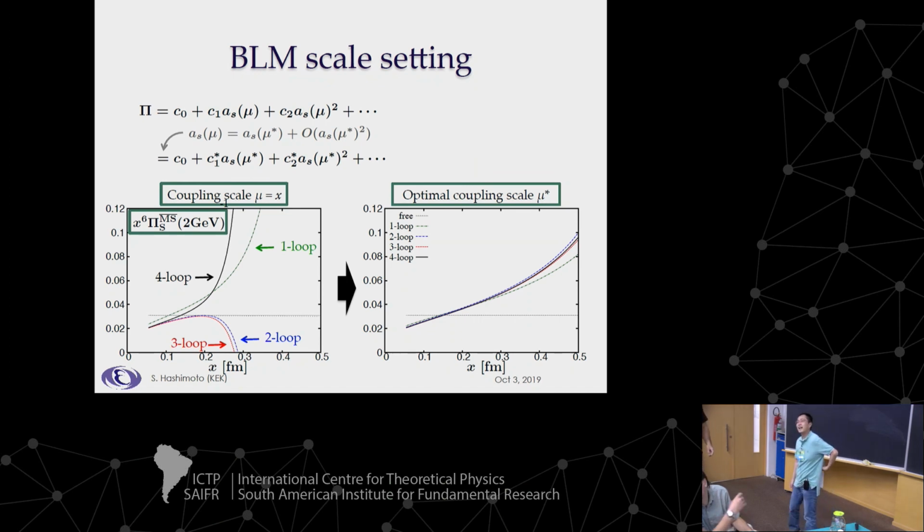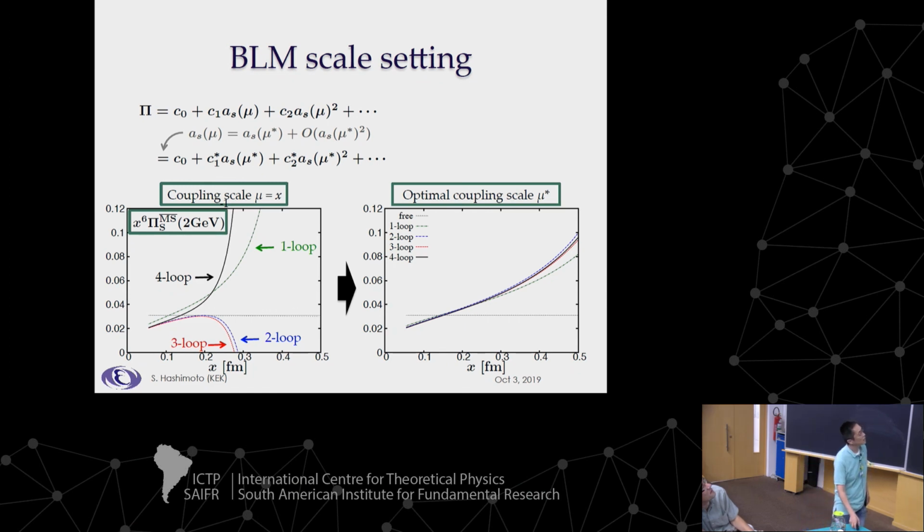Well, since we are here, what alpha do you take? This 0.5 Fermi is 400 MeV, and 1 Fermi is 200 MeV. So now I understand that you are making an expansion in powers of alpha at mu star.